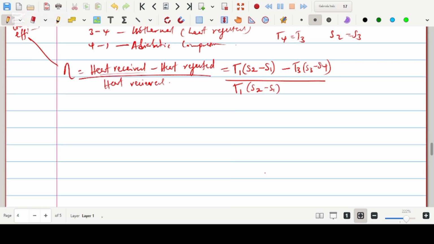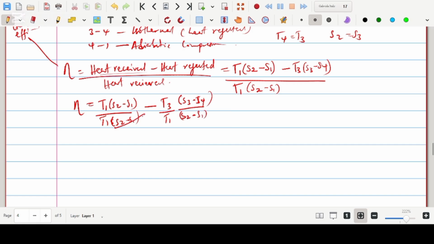If I want to split this equation, thermal efficiency is T1(S2 minus S1) over T1(S2 minus S1), minus T3 over T1 times (S3 minus S4) over (S2 minus S1).